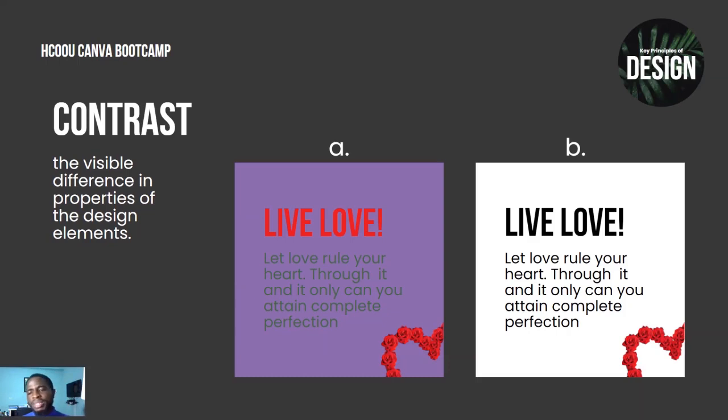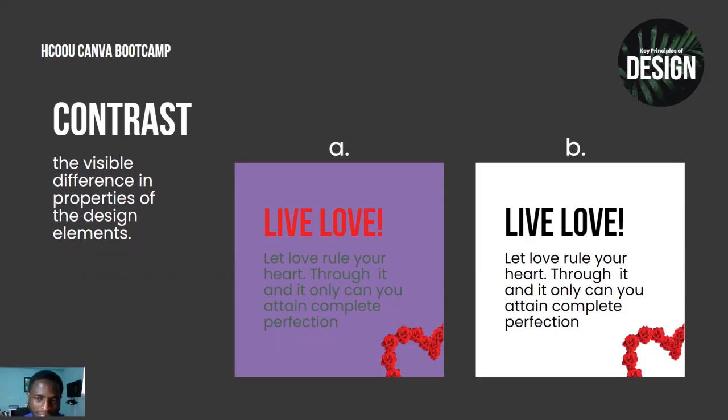But looking at B, even though it's very simple, just a white background, white and black are very contrasting colors. That's why when you do colors, I believe you've done that already, on your color wheel, you do contrasting colors many times. That's color from one end of the color wheel to the other end of the color wheel.